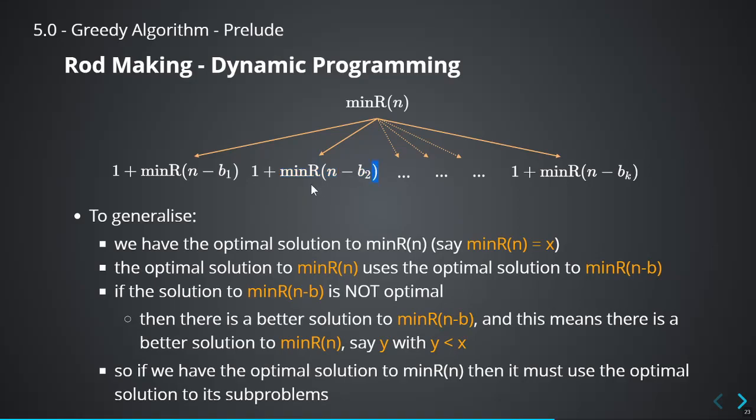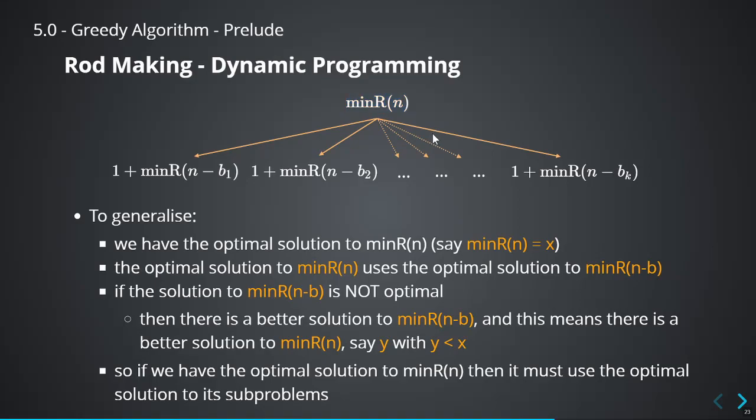I claim that the solution to whichever subproblem I use must be optimal. Because if it's not optimal, then there's a better solution for min R of n minus b, and then I can make a better solution for min R. That's a contradiction, that's impossible.